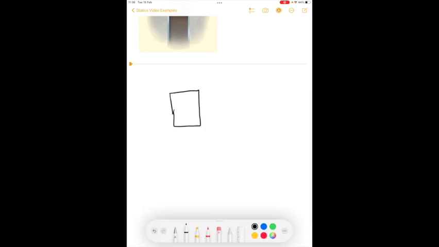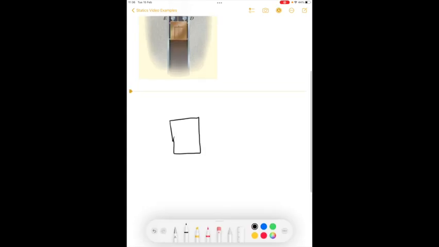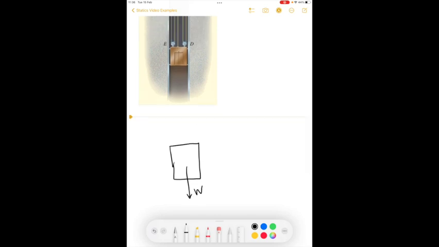So the first thing we're going to do is separate it into 2 different parts. First I'm going to draw the elevator itself, which has a weight, and it has these 2 pulleys attached to it.